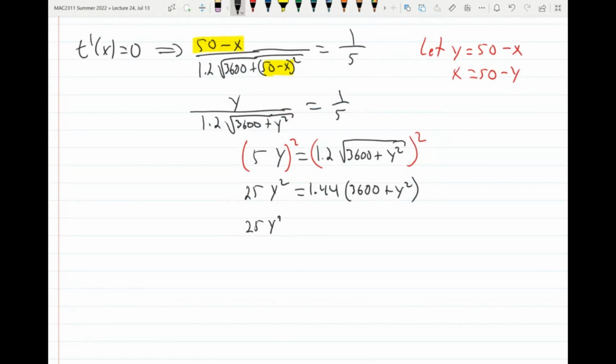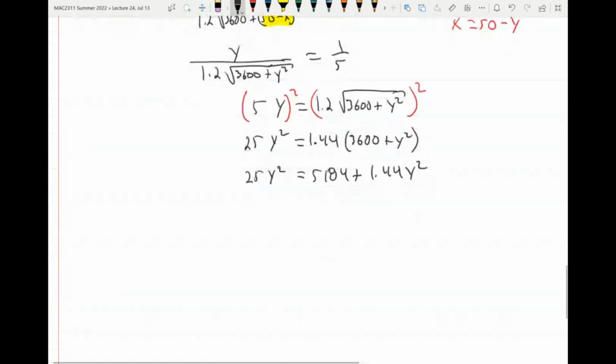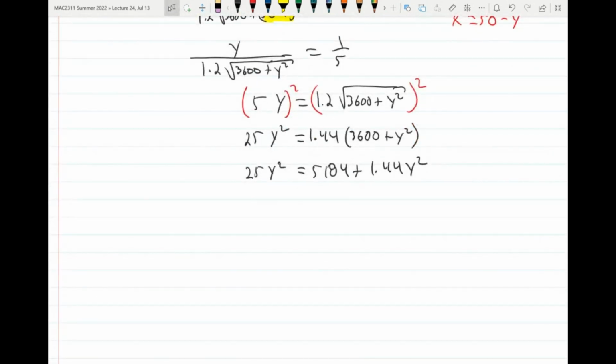Distribute. We get 5,184 plus 1.44y squared, and then 25 minus 1.44. So we have 23.56 y squared equals 5,184.